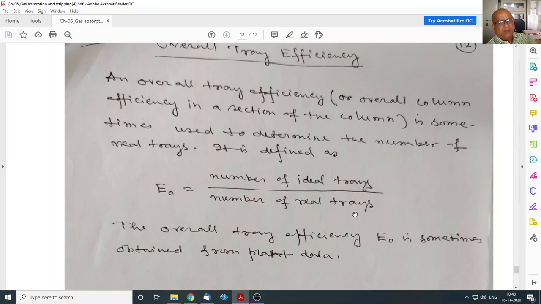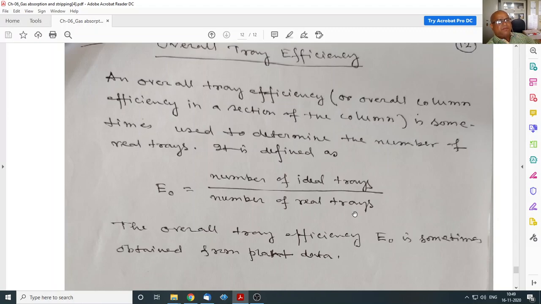If I calculate the number of ideal trays from theory for a particular separation, and then really see how many trays are required, then it will be that ratio. Generally, the real number of trays will be higher, and accordingly I will calculate the overall efficiency, which you will get from industry data.